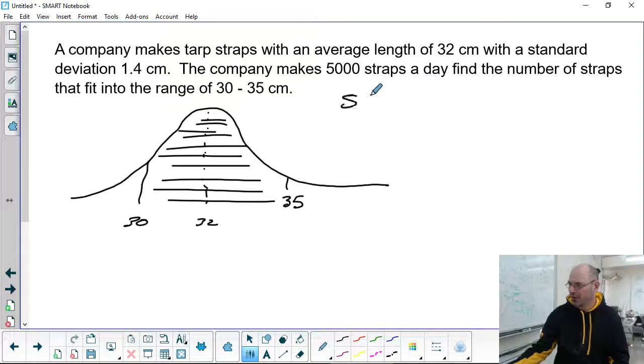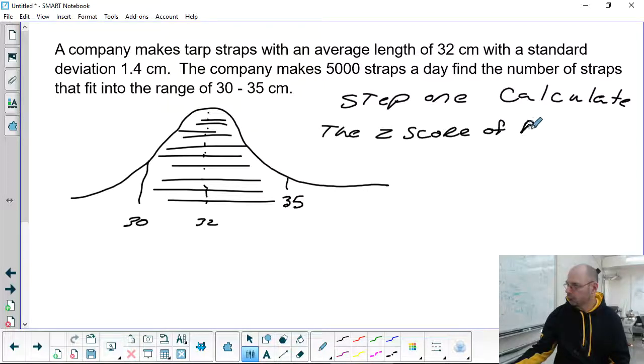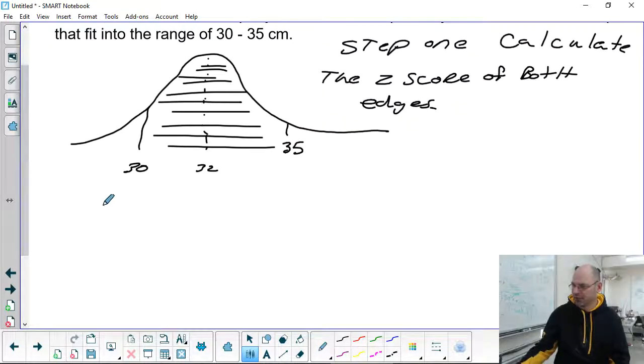So step one, calculate the z-score of both limits. We'll call it edges. Okay, this edge and this edge. So z-score we're just calculating, so we don't have to rearrange it or anything to get that number.